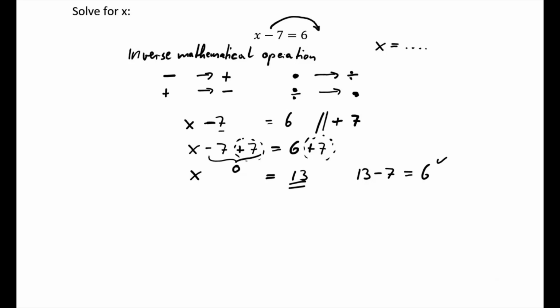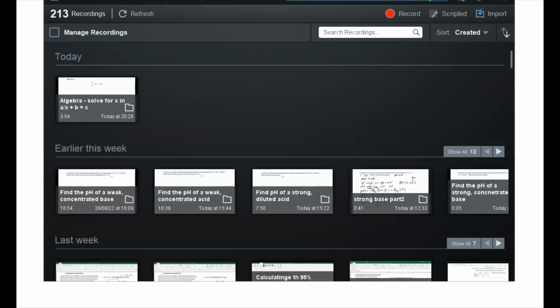Now let's try this with a slightly different example. Here we've got an unknown number and we add 3 to it and get 9. So how do we convert that into x equals something? Well, x plus 3 equals 9.